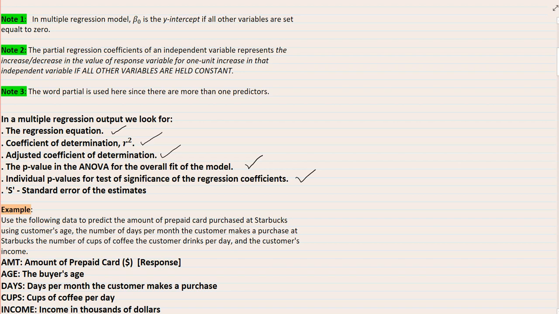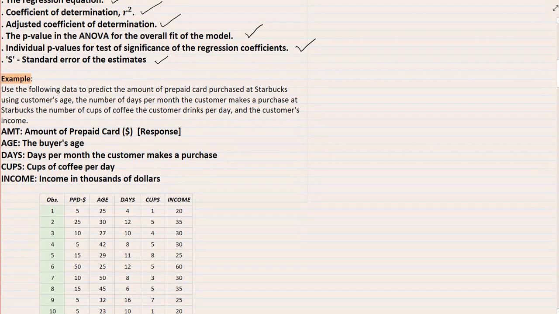And of course, we look at the standard error of estimate. Okay, so everything before, we have seen all of these in our simple linear model. It's just in the multiple regression model we have this adjusted R squared, which we didn't really look at before, and also we did look at individual p-values. We just didn't look at so many of them, and we only looked at one, and that was for beta sub 1, the coefficient on x sub 1.